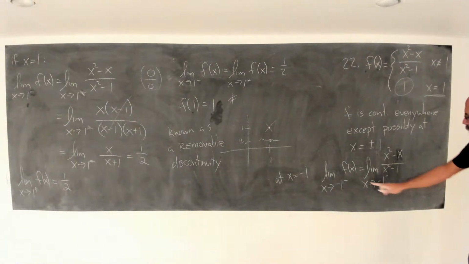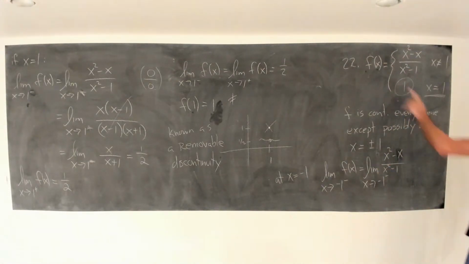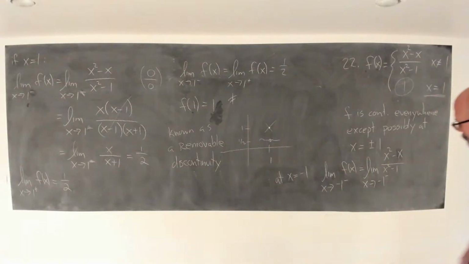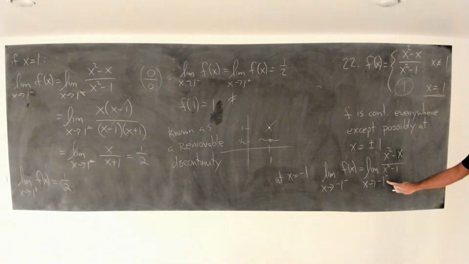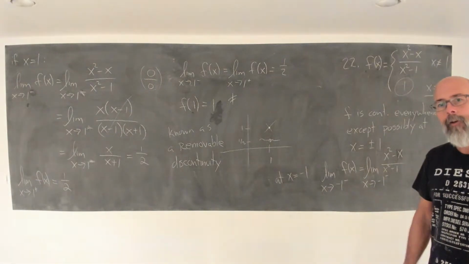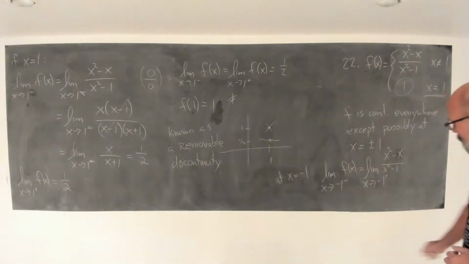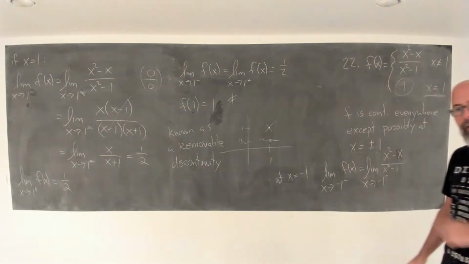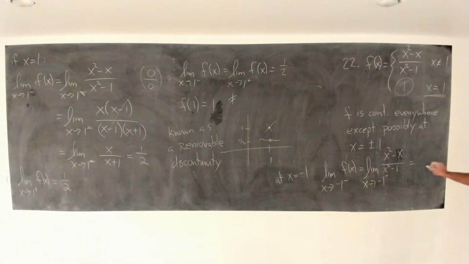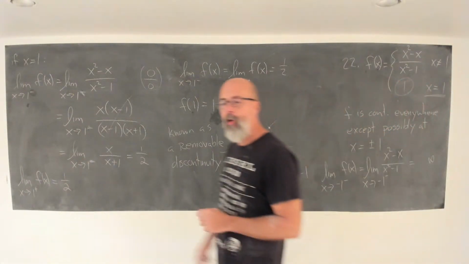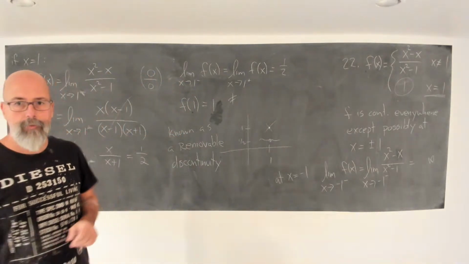Absolutely, right? There's still an issue with the minus 1. We have to test that as well. And what happens here? If you plug in negative 1, this is 1 minus negative 1, so 1 plus 1 is 2, over 1 minus 1, which is 0. So you've got a 2 over 0, which you know in the context of limits is some sort of infinity. You now have to determine if it's positive infinity or negative infinity.